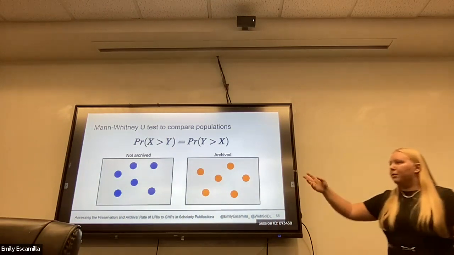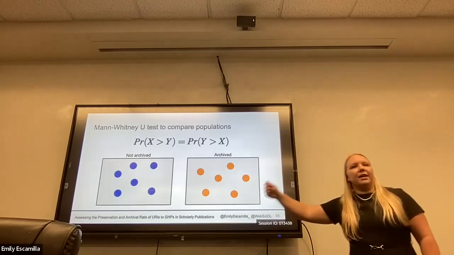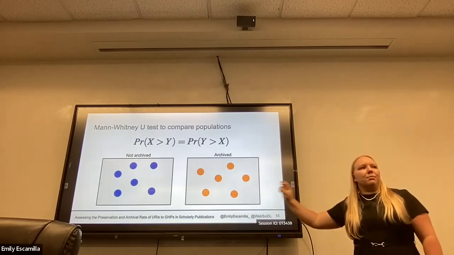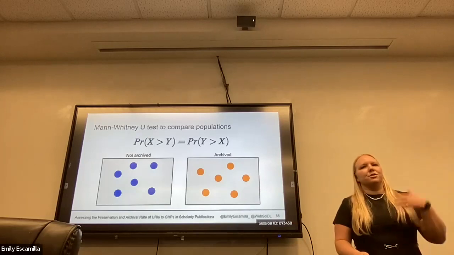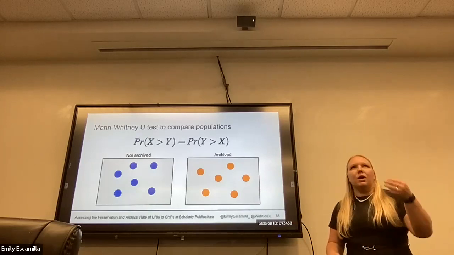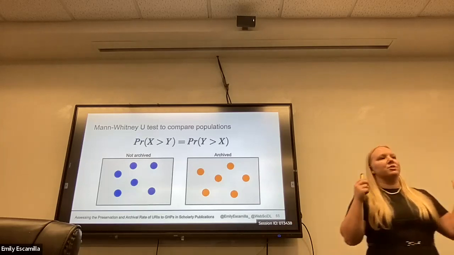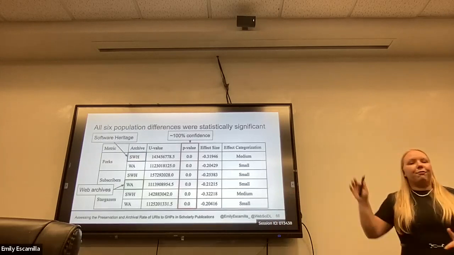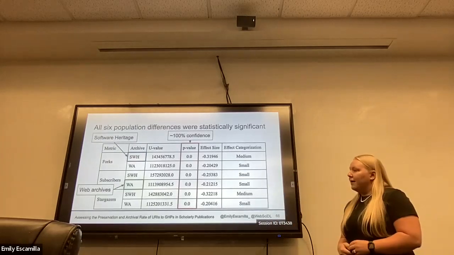So for example, the number of forks for a repository that's not been archived being greater than the number of forks for a repository that has been archived is equal to the probability of the inverse. And so the Mann-Whitney U-test allows you to reject that null hypothesis and to identify whether those populations are statistically significantly different. So here we looked at forks, subscribers, and stargazers for each of the three archives.